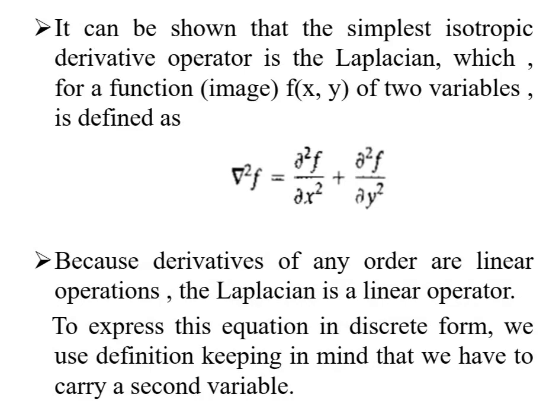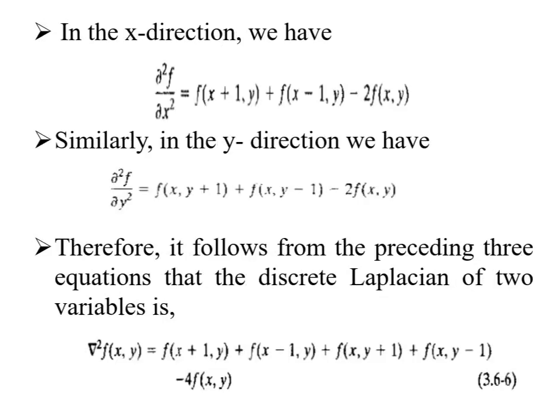To express this equation in discrete form, we use the definition, keeping in mind that we have to carry a second variable. In the x direction, del square f upon del x square is equal to f of x plus 1 comma y plus f of x minus 1 comma y minus 2 f of x y.